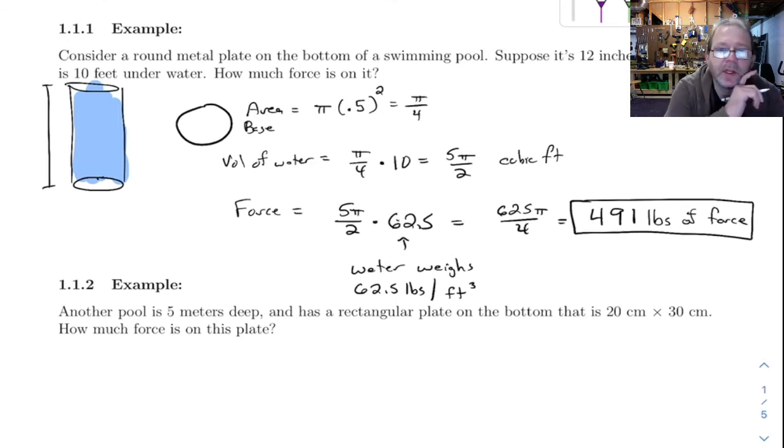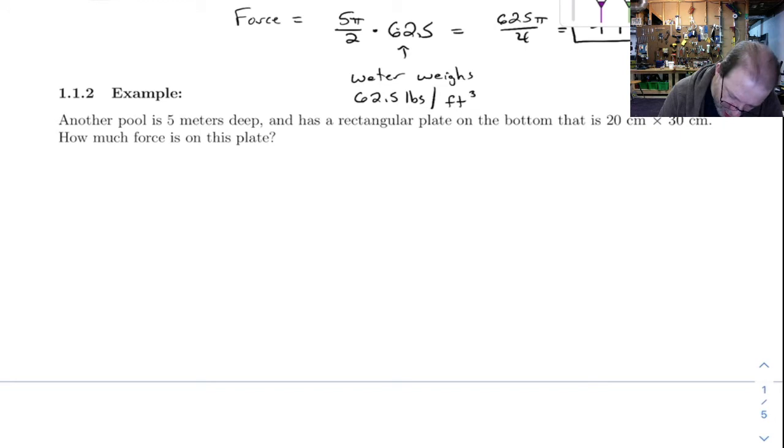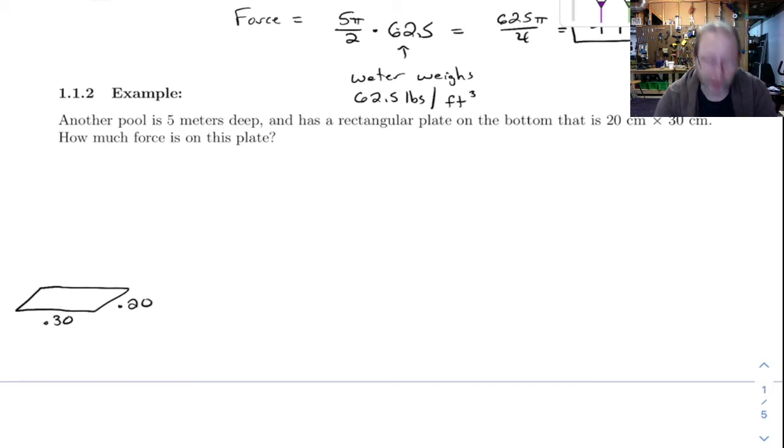Okay, let's do another one. Another pool is 5 meters deep and has a rectangular plate on the bottom that's 20 by 30 centimeters. Find how much is the force on this plate. Okay, so we've got a plate down here. It's 20 centimeters and 30 centimeters. So I'm going to convert those into meters.